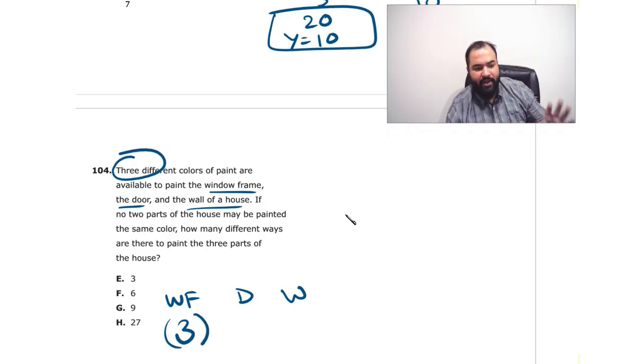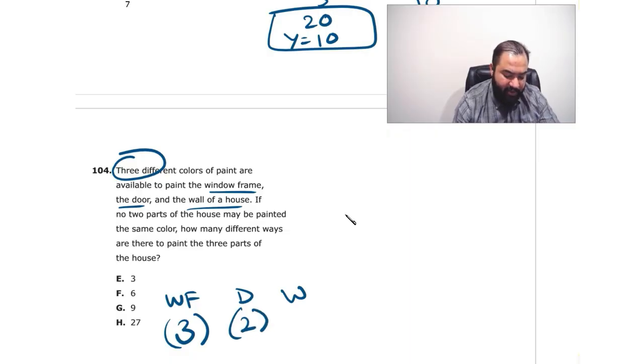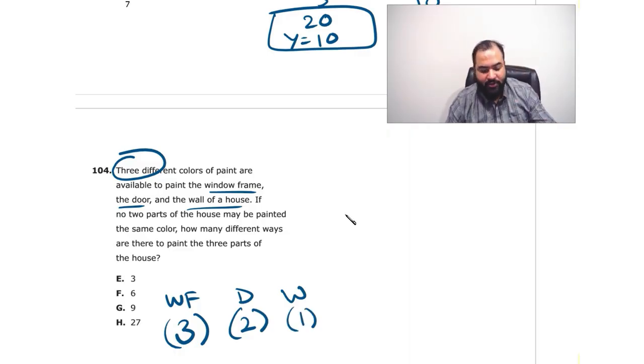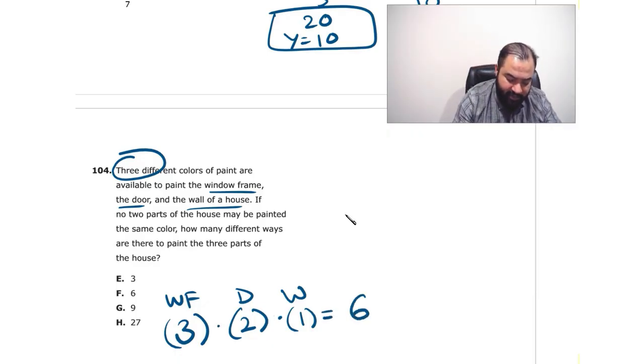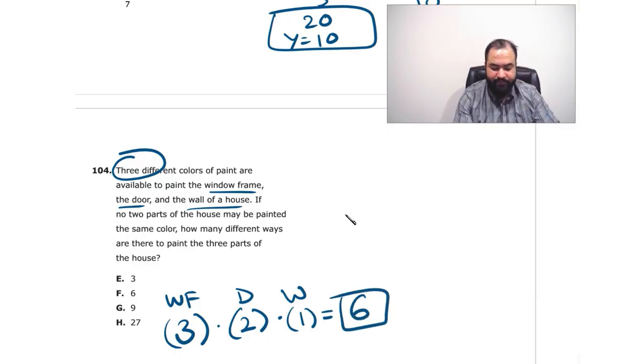You can pick any of the 3 colors. For the door you have 1 less option. Whatever paint you used for the window frame you cannot use for the door. And for the wall you have only 1 option, because whatever you used for the window frame and door you cannot use. So you just multiply the options, then you get 6. That's it. Clear?